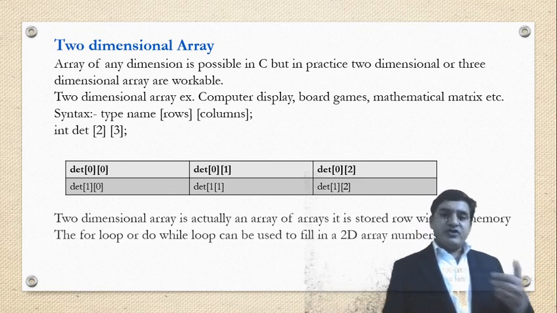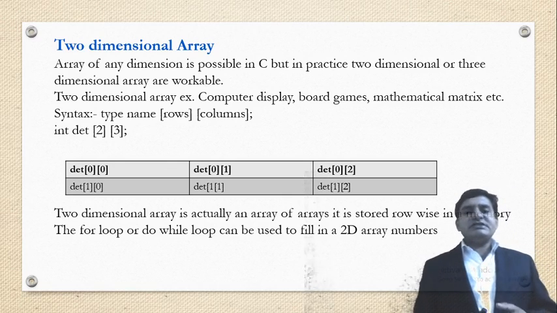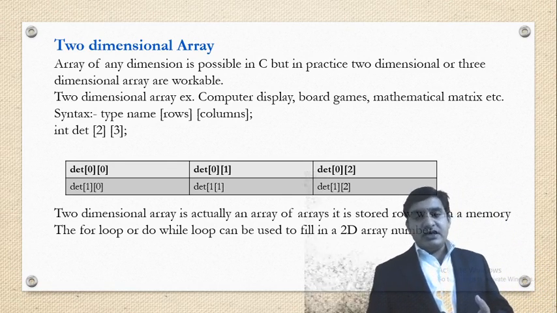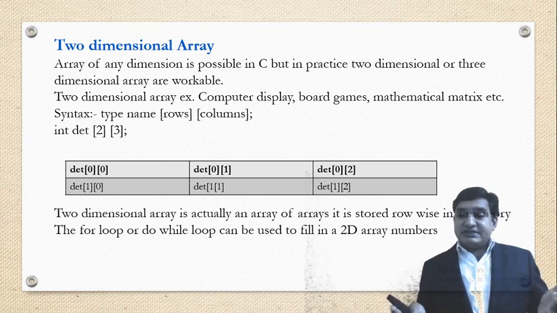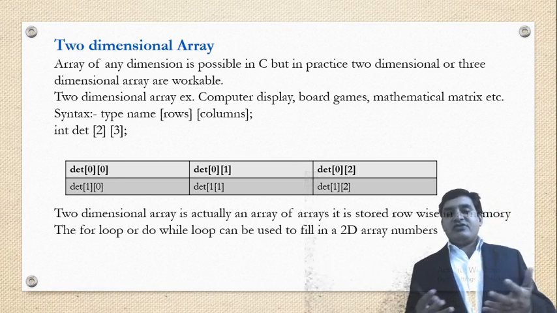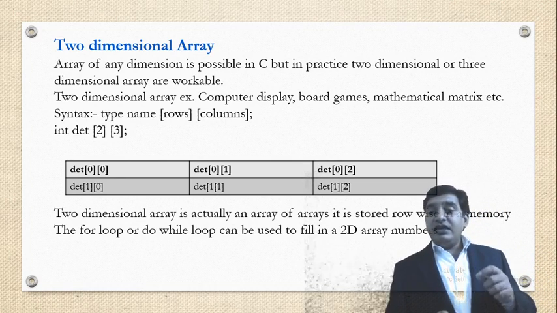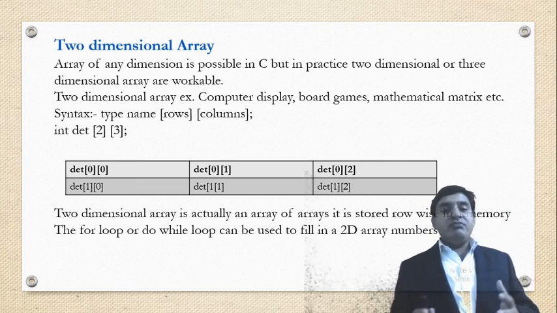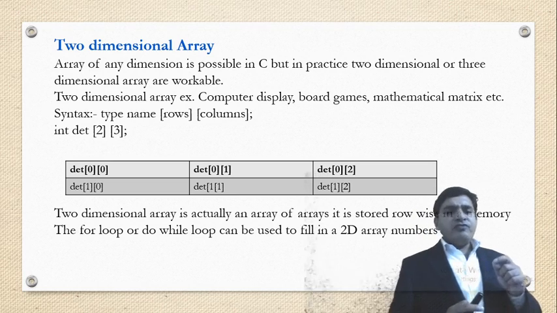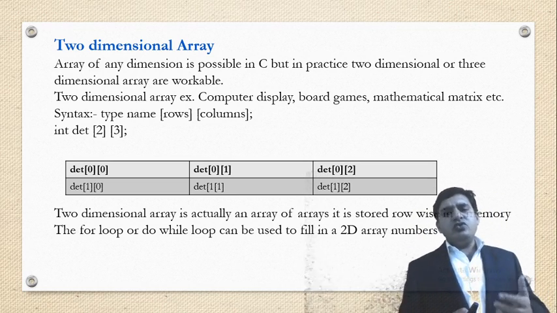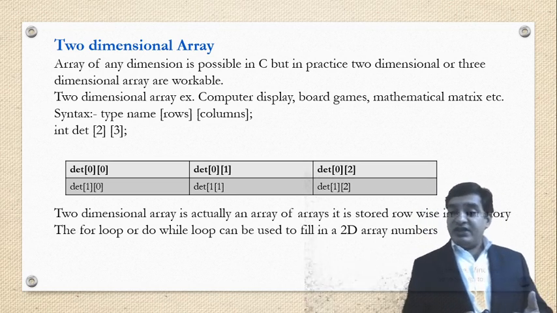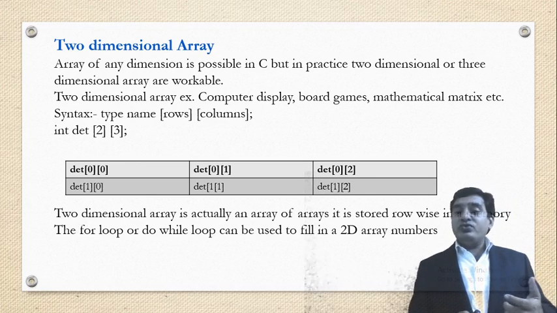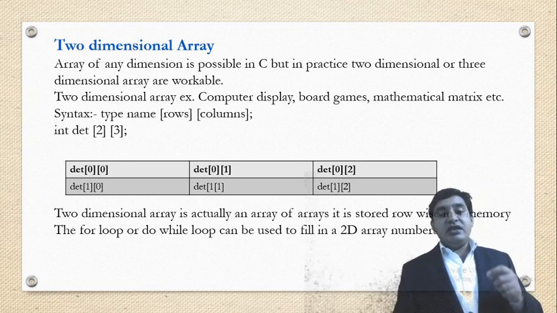Now a two-dimensional array is actually an array of arrays. It is stored row-wise in memory. A for loop or do while loop can be used to fill in a two-dimensional array.